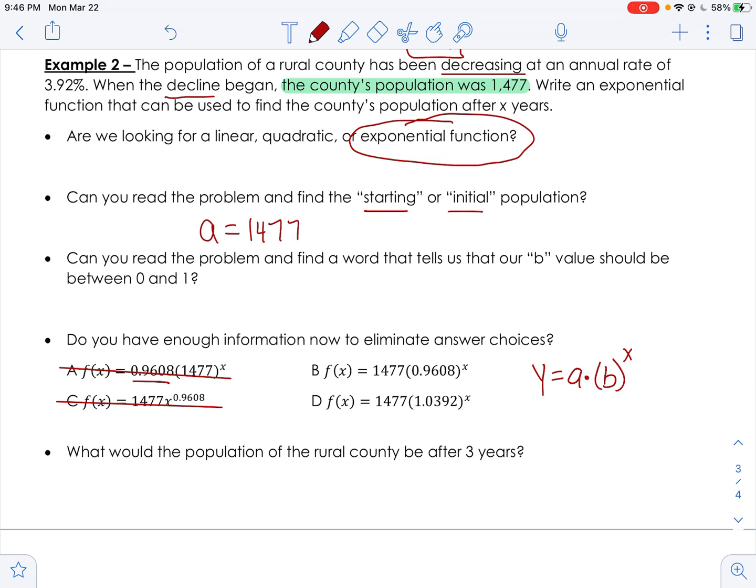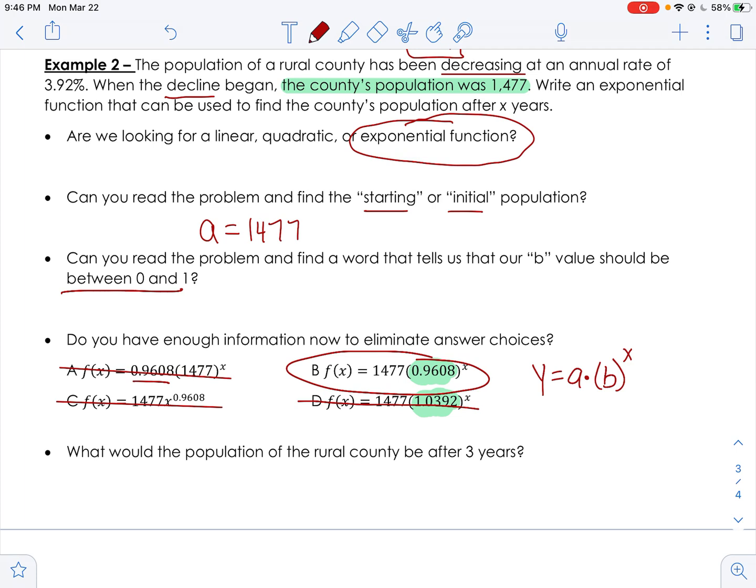And then if we look at answer choice B and D, okay, the only difference between them is that middle number that's inside the parentheses. Okay, well, we want it to be between 0 and 1, which means we can eliminate answer choice D because it's bigger than 1. So this would be our equation that represents the situation of the county's population declining.